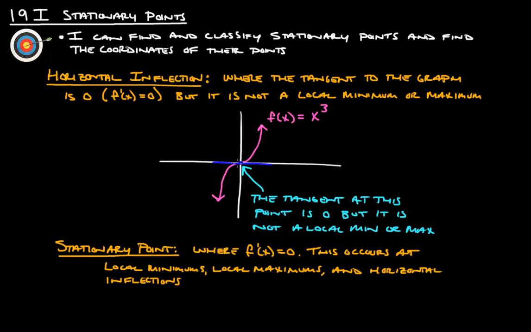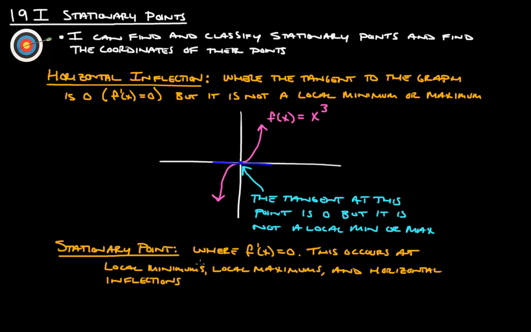It comes through here, and remember it wiggles as it goes through the x-axis. This here is considered to be a horizontal inflection. It doesn't actually stop going up and start going down, but it does have a tangent that's equal to 0 at this point. So horizontal inflection. That's a very specialized point.